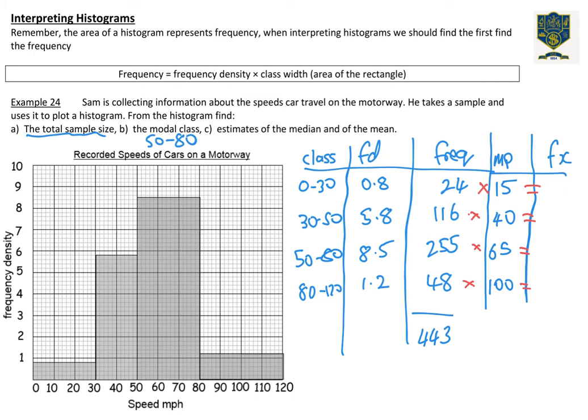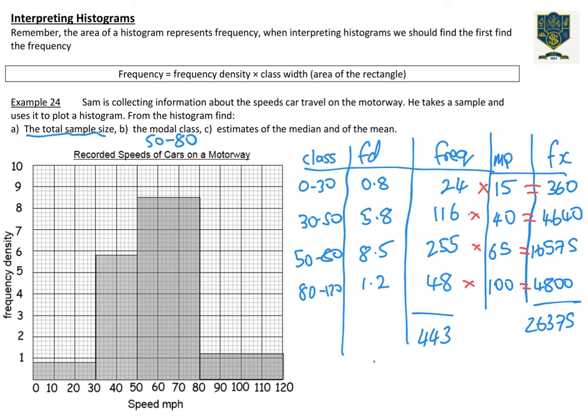And we get 360, 4,640, 16,575, and 4,800. And these values all add up to 26,375.